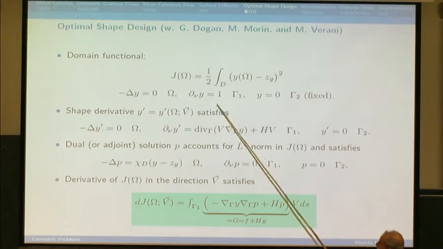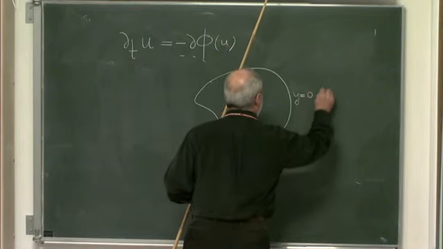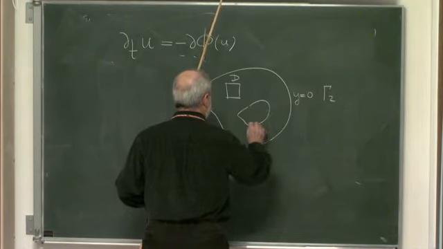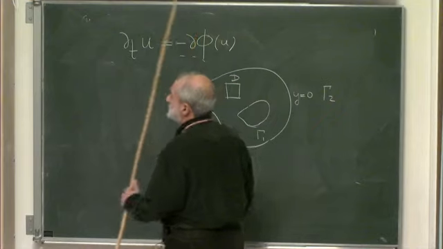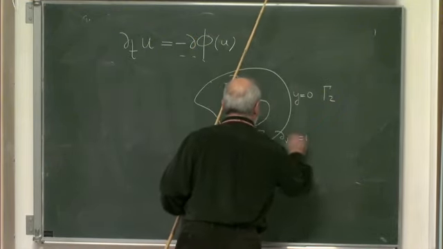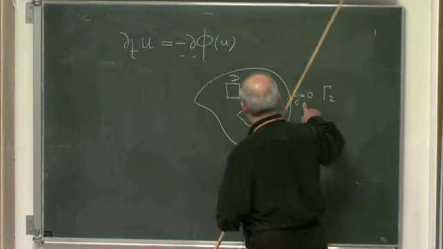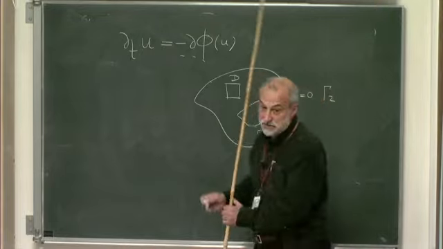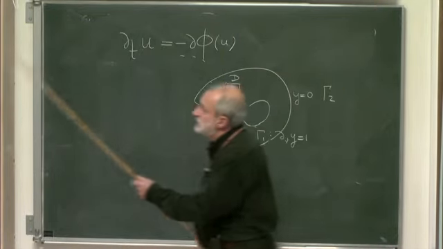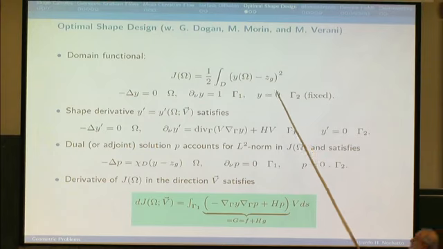Y is a solution of a problem. It's 0 here, this is gamma 2, and somewhere here in the middle, in gamma 1, it has the condition that the normal derivative is equal to 1. Gamma 2 is fixed, and you want to modify gamma 2 in a way that you better match the given function Z on the top.